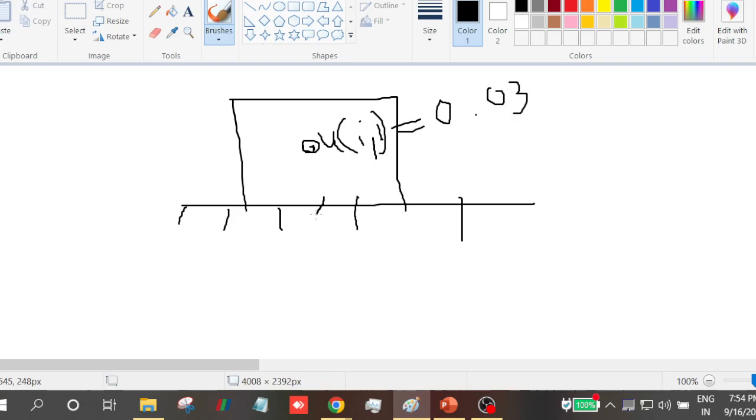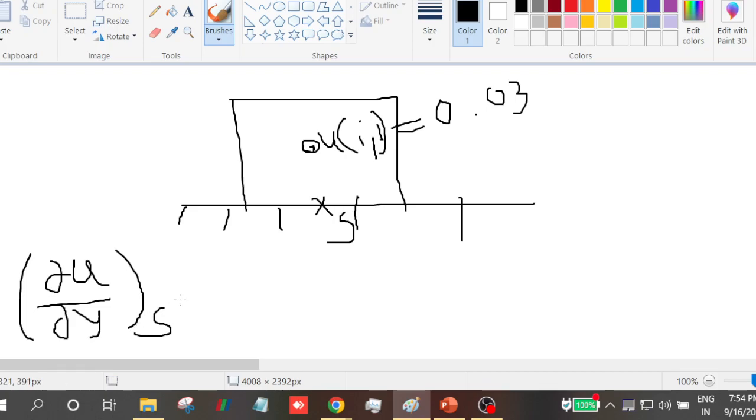You want to calculate at this boundary S what should be the du by dy at S. Can you write the answer on the chat box? At least in the fraction format. And this is delta y by 2, the distance. I think it is 5 mm, so 2.5 mm, delta y by 2.